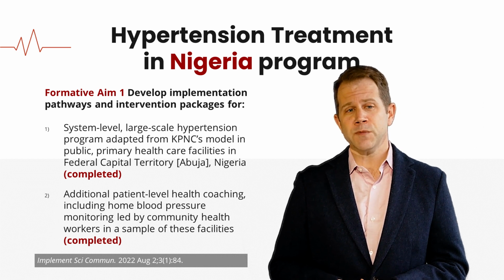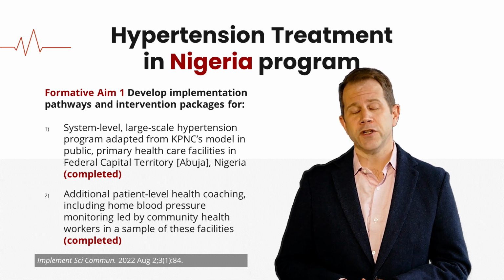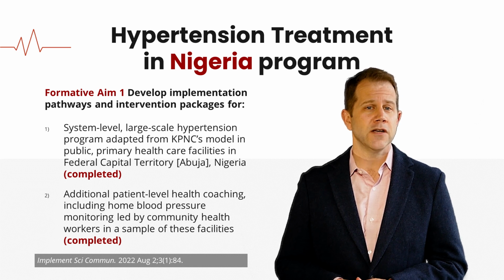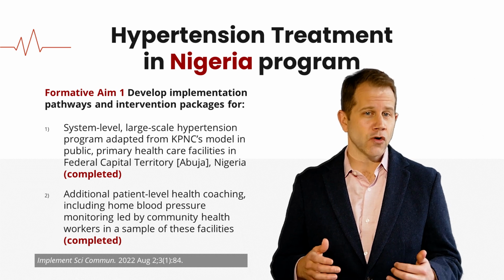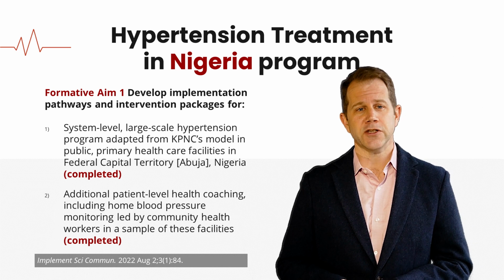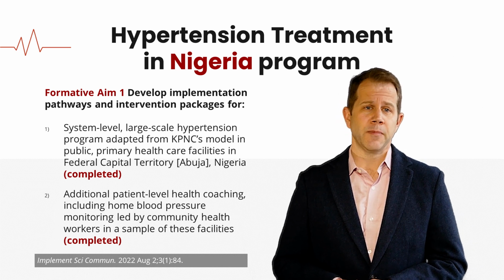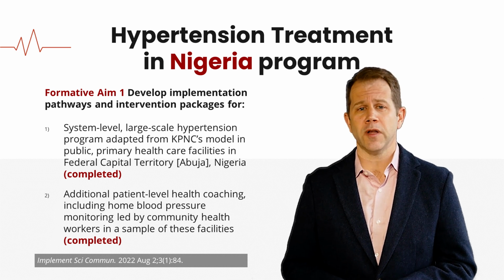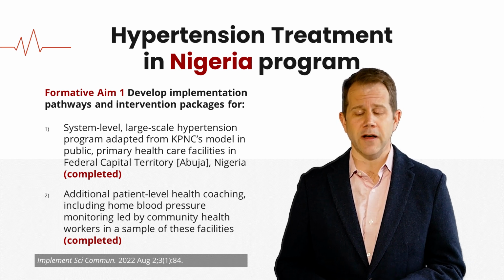The WHO HEARTS package is modeled after the Kaiser Permanente model, which showed an increase in hypertension control from approximately 44% to more than 90% over a decade of implementation. Therefore, it's considered the gold standard globally for a high-level system of care for hypertension. We also conducted implementation packages for the patient-level health coaching, including home blood pressure monitoring, led by community health extension workers in a sample of these facilities.